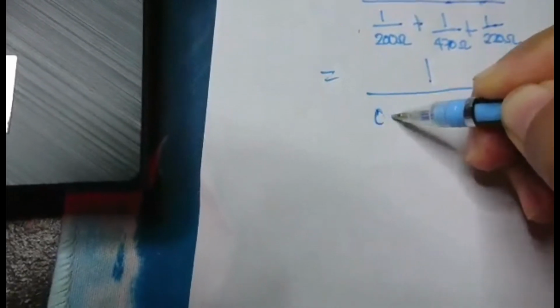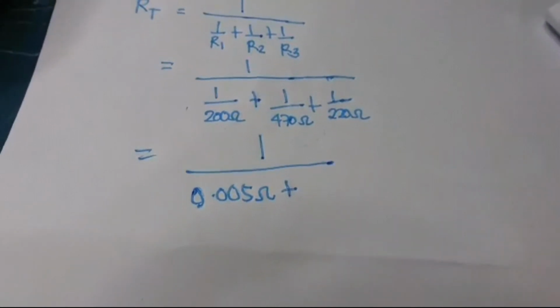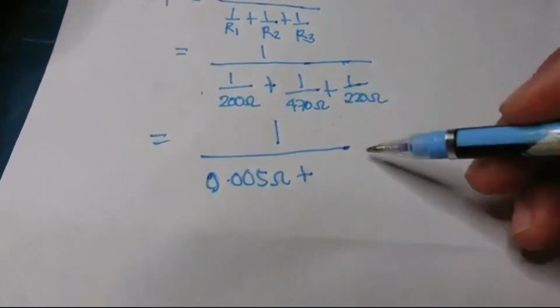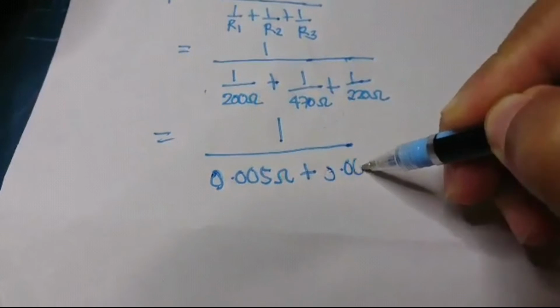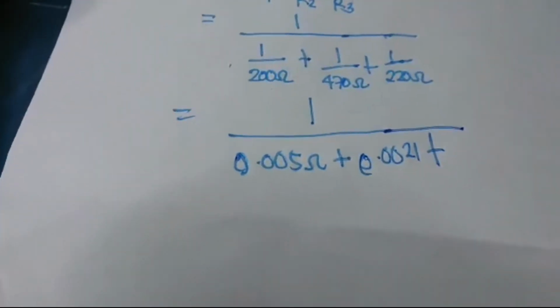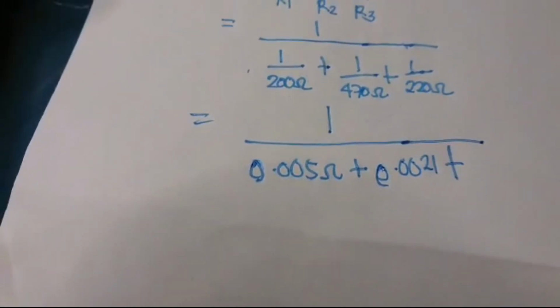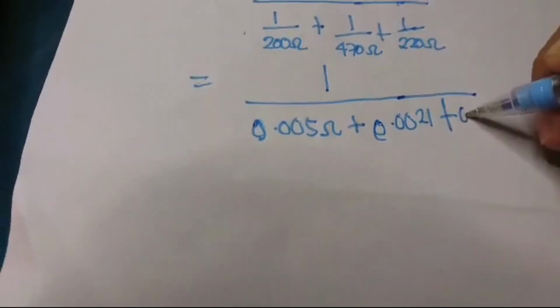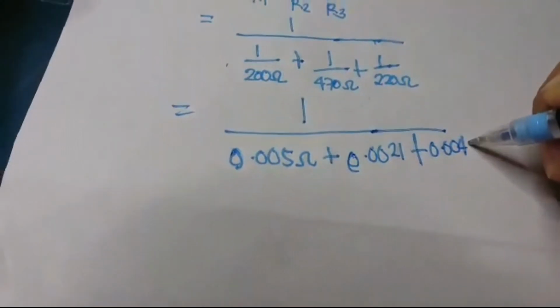Using our calculator, 1 divided by 200 results to 0.005 ohms plus 1 divided by 470 is 0.0021. Okay, and plus 1 divided by 220, yes, 0.0045.